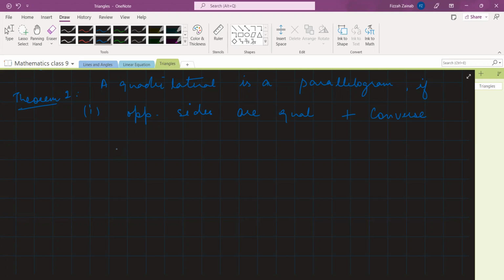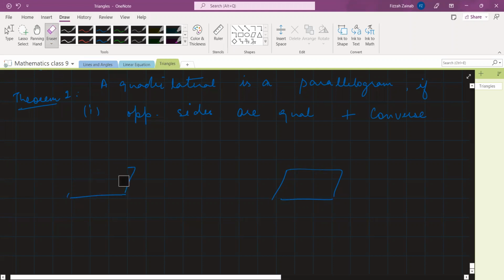And if it is a parallelogram, then opposite sides are equal. Understand? Both ways it is true. See, if I'm saying that it is a parallelogram, this means opposite sides are equal. Correct? Now, if I'm saying opposite sides are equal, this means it is a parallelogram. Is that clear? Yes, ma'am. Okay, so both ways it is true.